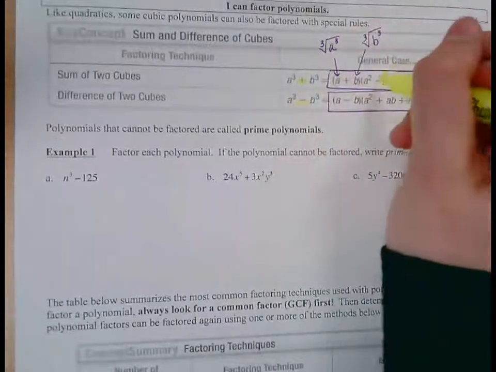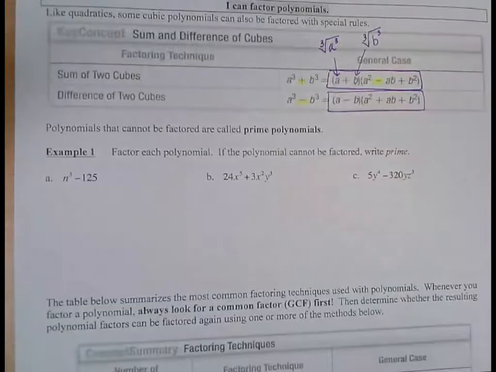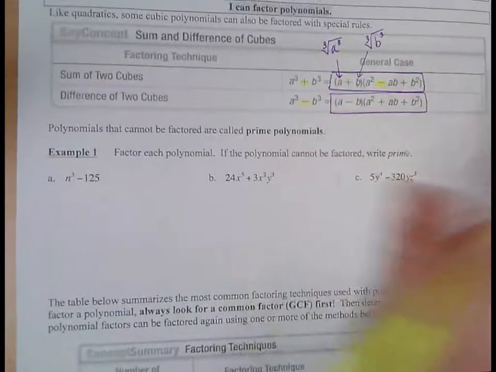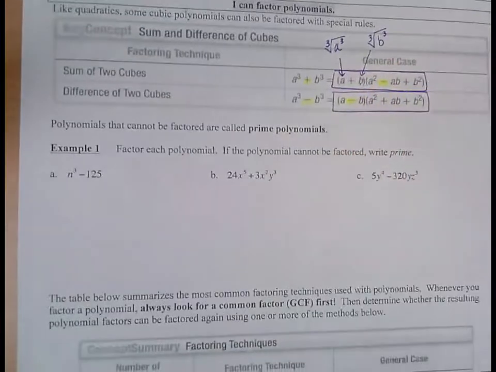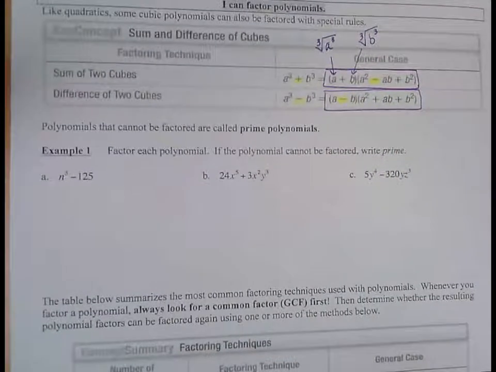In a sum of two cubes, the AB term is negative. In a difference of cubes, in the first factor, the a minus b, that's minus versus plus. So each formula only has one minus sign, the rest are plus, but again, you don't have to have that memorized anyway. I'm giving it to you, you just have to know how to find a and b and then substitute them into the formula correctly.